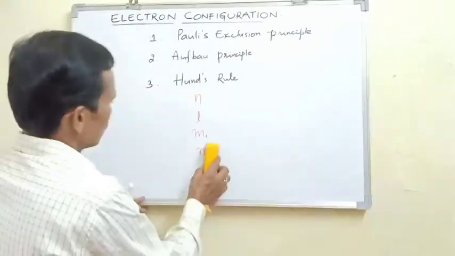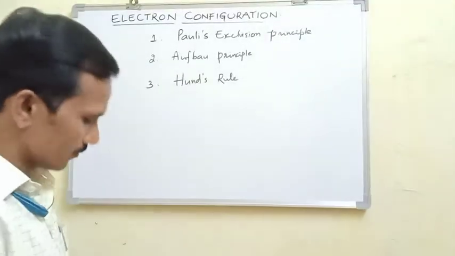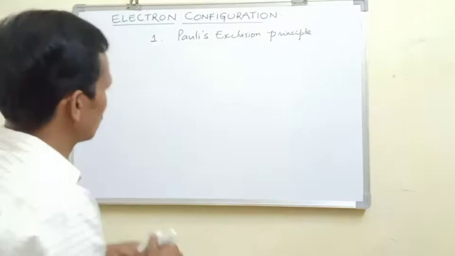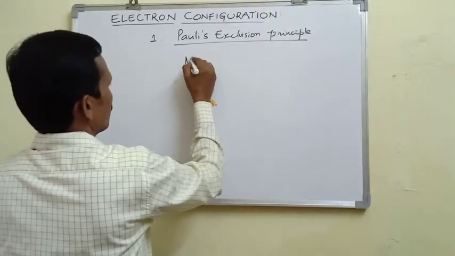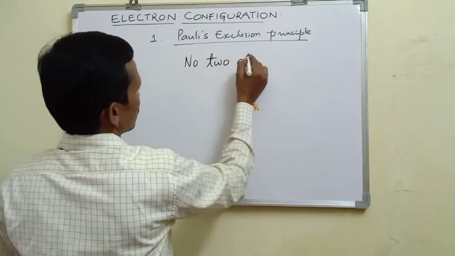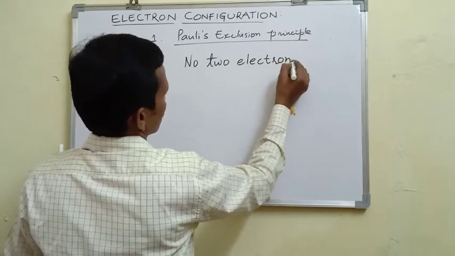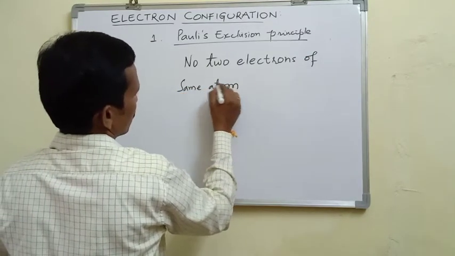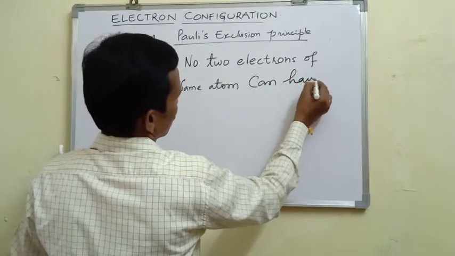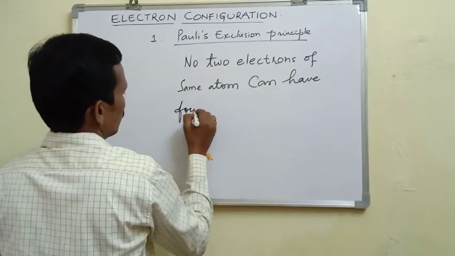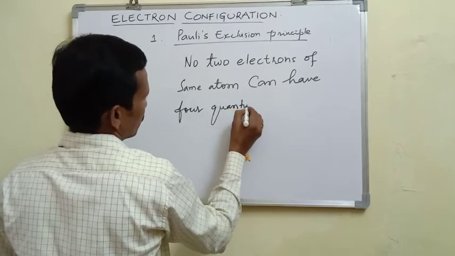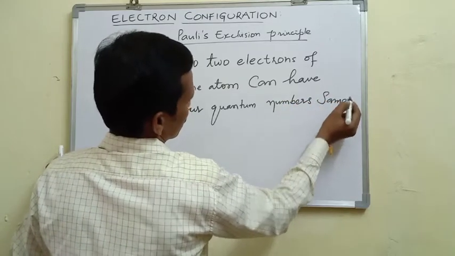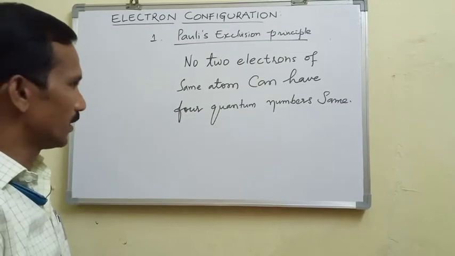Let us examine Pauli's exclusion principle. It states that no 2 electrons of the same atom can have 4 quantum numbers the same.